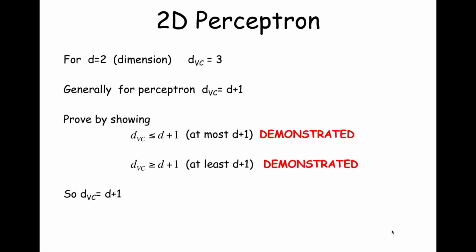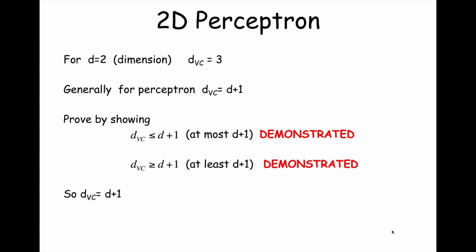So we've just demonstrated, by identifying one dichotomy out of 2 to the n, that the VC dimension is at most d plus 1, because it can't generate all 2 to the n for a data set of size d plus 2.